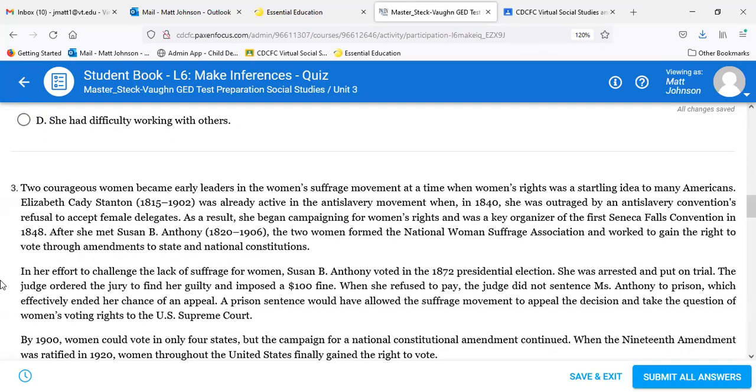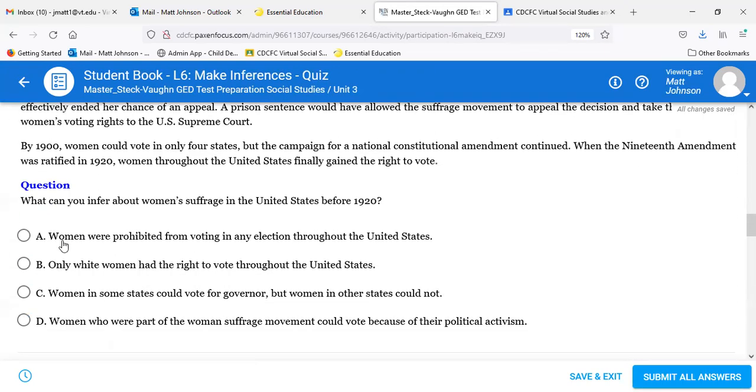Okay, and number 3, got the same passage. Sasha Gay, would you like to read number 3 for us? What can you infer about women's suffrage in the United States before 1920? A, women were prohibited from voting in any election throughout the United States.